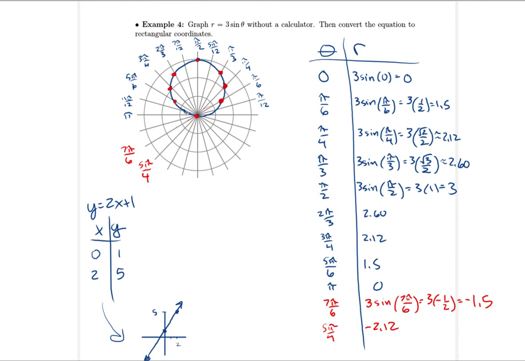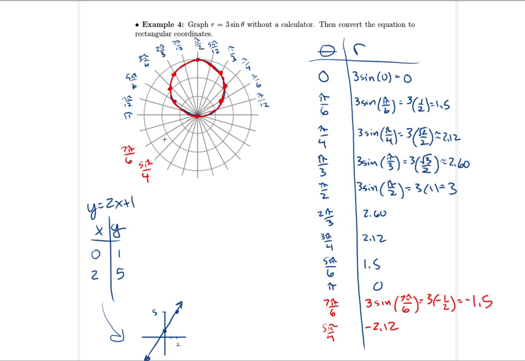And so guess what it does? It just traces out the same circle again. Now, of course, that's just this example. There'll be plenty of times where in the negative values you're going to get all sorts of different pictures. But in this one, it just traces the same circle twice.